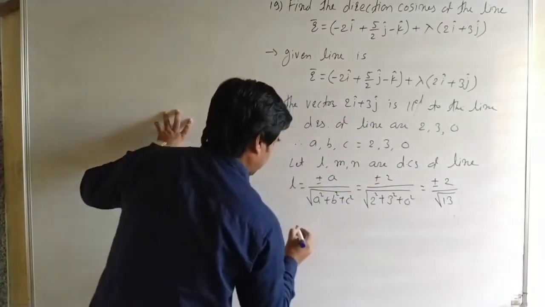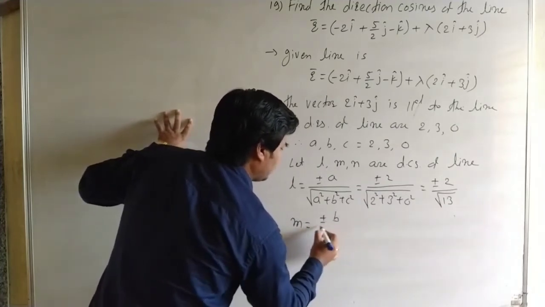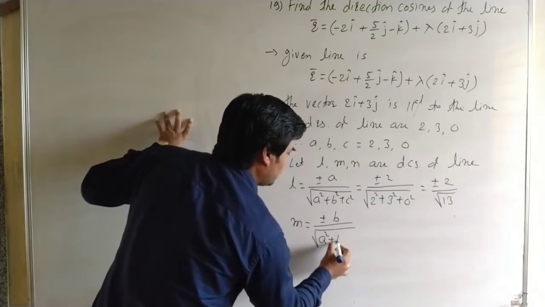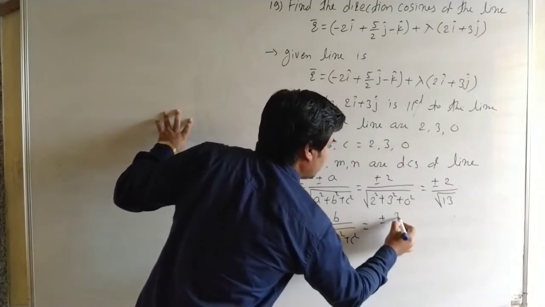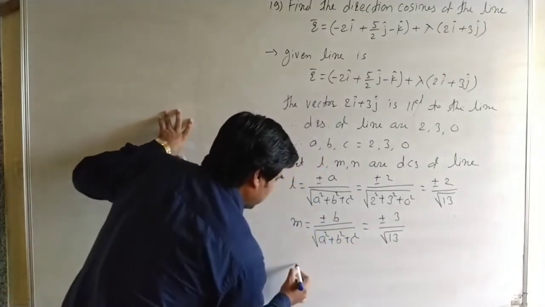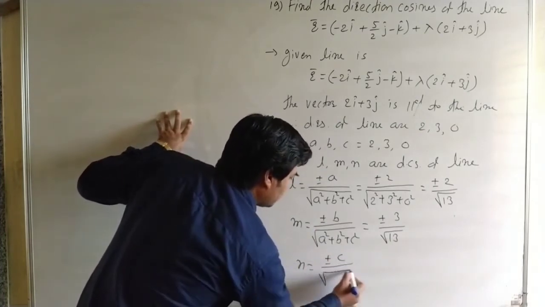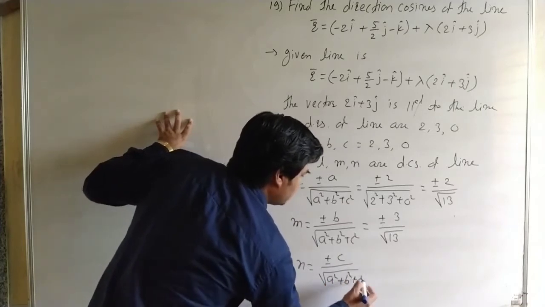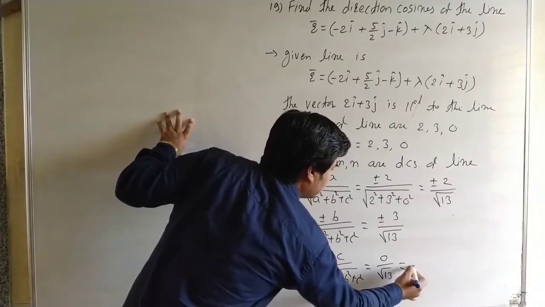Okay, 4 plus 9. m is equal to plus or minus b upon under root a square plus b square plus c square, which is equal to plus or minus 3 upon under root 13. And n is equal to plus or minus c upon under root a square plus b square plus c square, which is equal to 0 upon under root 13, and that is 0.